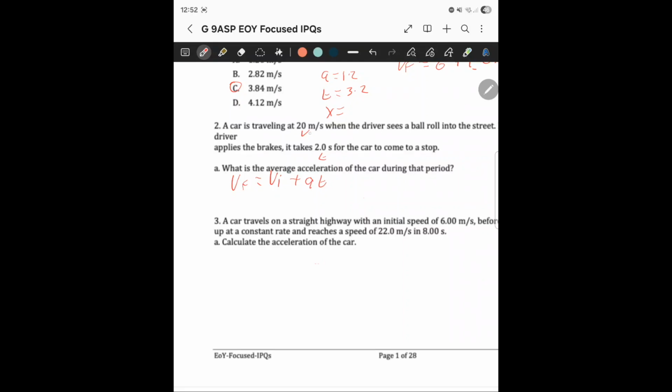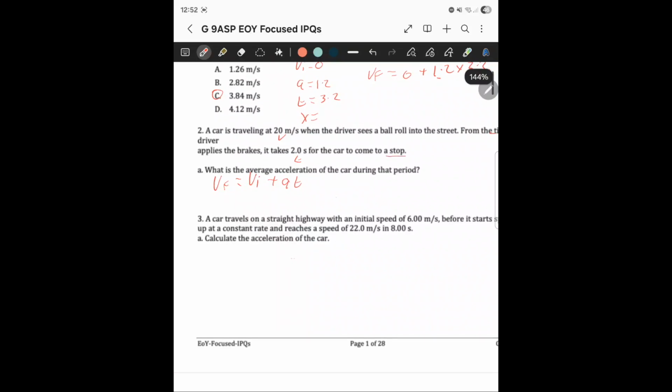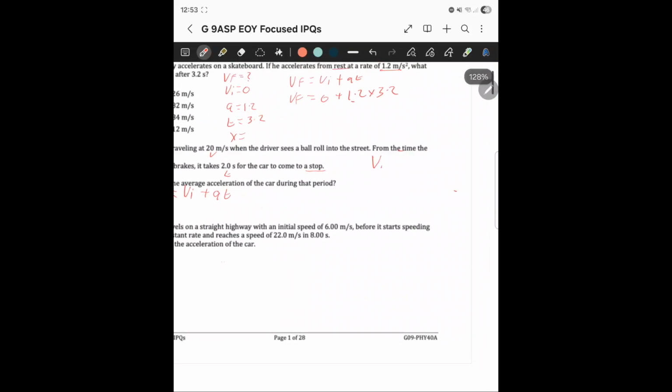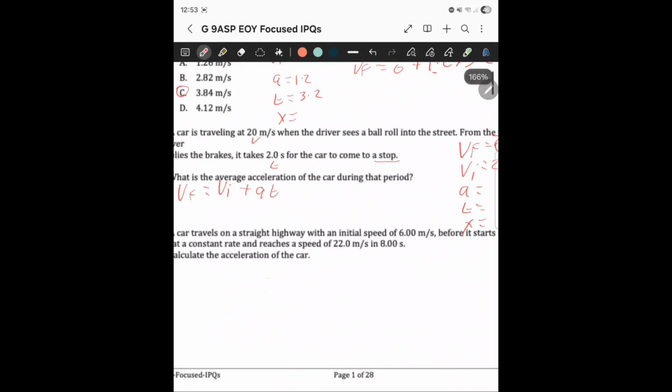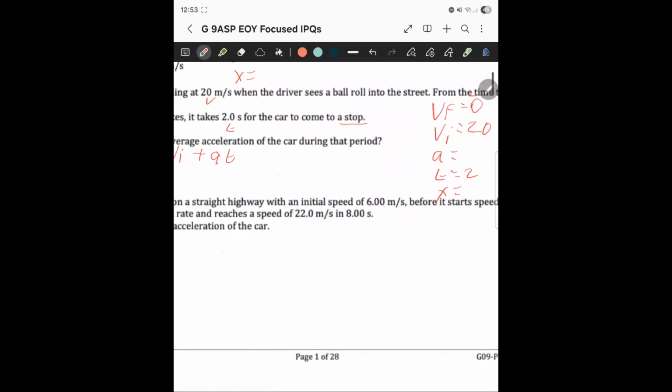V final is the last speed, which it says he comes to a stop. If you would like to, write VF, VI, A, T, and X equals. V final, he stopped. He was originally traveling at 20 meters per second, so the starting speed was 20. And then, of course, it takes him 2 seconds to stop, and I'm trying to find the acceleration.